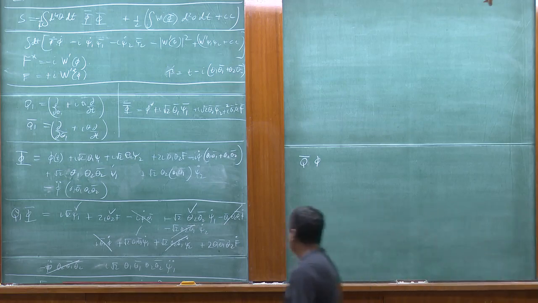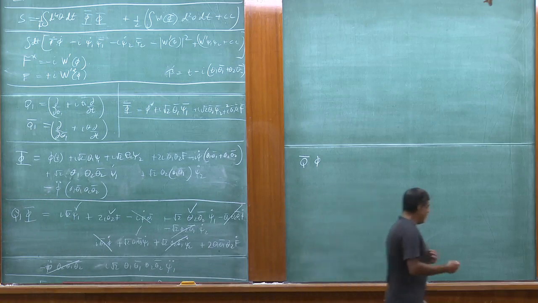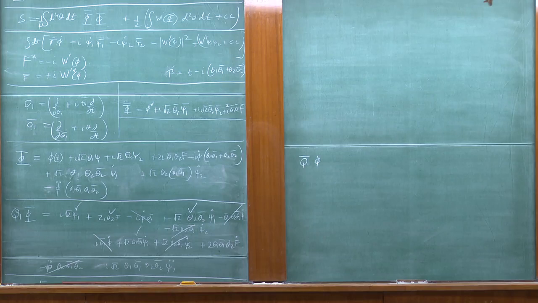Well, we can be clever in the following way. You see, phi was a function of theta 1, theta 2 and tau. q1 bar acting on theta 1 is 0 because it's del by del theta 1 bar. There's no del by del theta 1. Okay? q1 bar acting on theta 2 is 0. So the only place where q1 bar acts is tau.